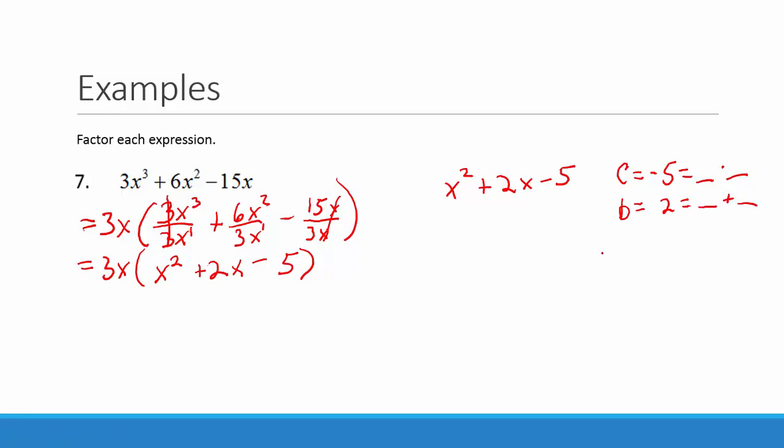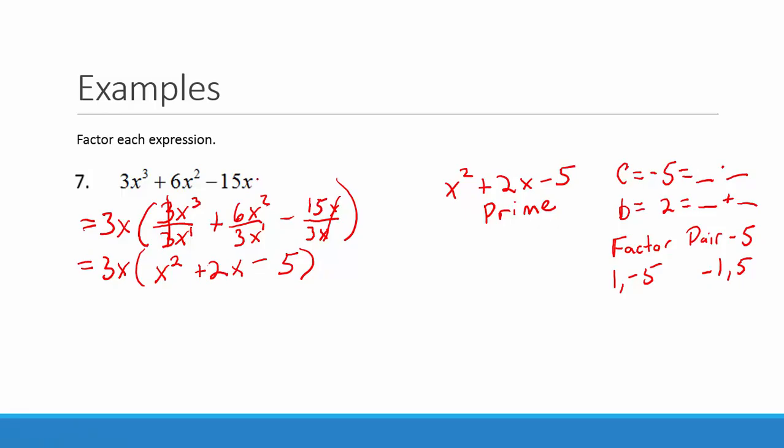So let's come up with our factor pairs of negative 5. So we can do 1 and negative 5, and negative 1 and 5. That is all the factor pairs we have for negative 5, neither of which add to give us positive 2. So in this case, this part of the problem is prime, so we can't factor this any further.